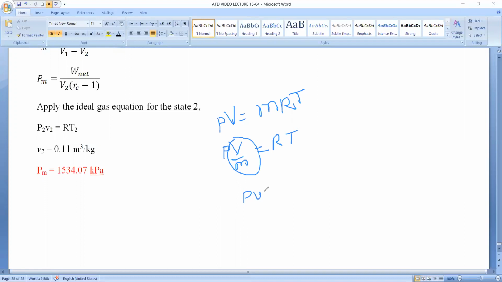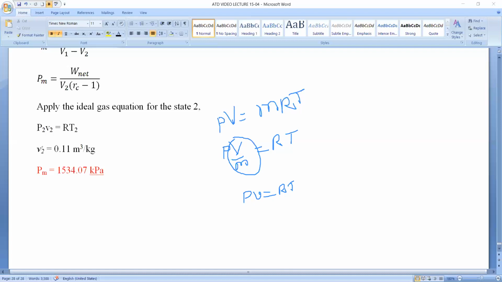PV equals RT. Because the heat supplied as well as work done are in terms of kilojoules per kg, that's why we are taking volume also in terms of meter cube per kg. So P2 v2 equals R into T2.